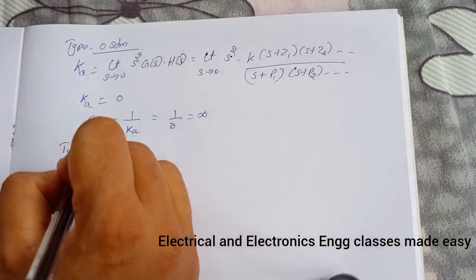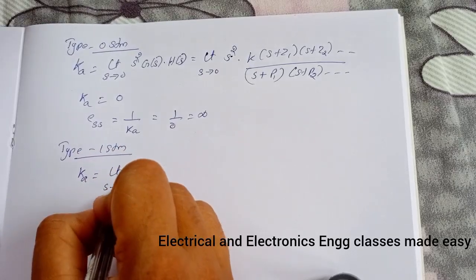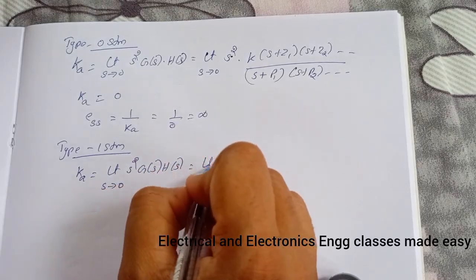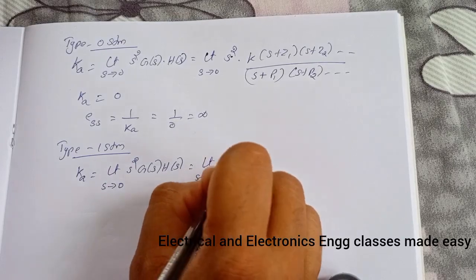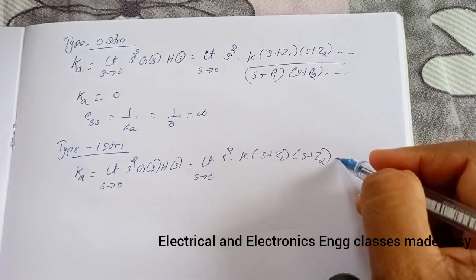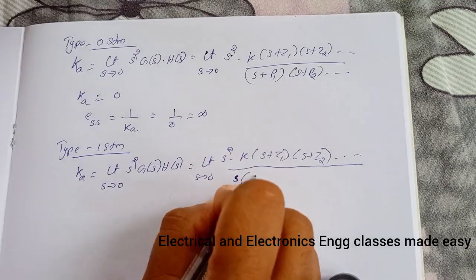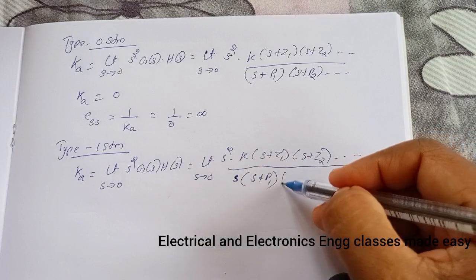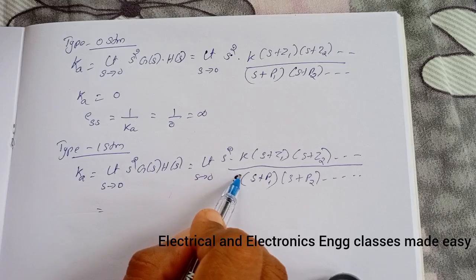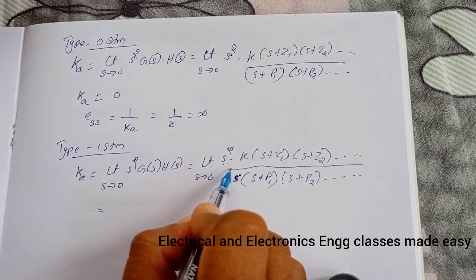Now for type 1 system we have Ka is equal to limit s tends to 0 s square G of s H of s, and that is equal to limit s tends to 0 s square into K into (s plus z1) into (s plus z2) into etc. divided by, for type 1 system there will be s into (s plus p1) into (s plus p2) into etc. So while applying this limit, here we can cancel one s, so we get s into, so while applying this limit we get 0.